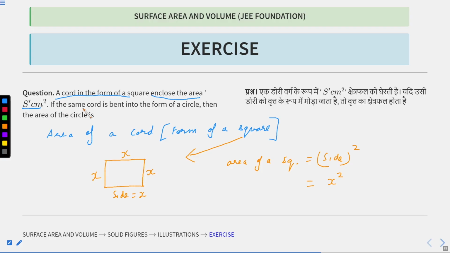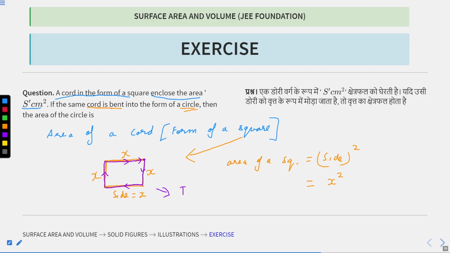Now the same chord is bent in the form of a circle. So first of all, let's see how long this chord is. If I am standing here, I covered the distance of x, then I covered again the distance of x. In total I am covering 4 times x.